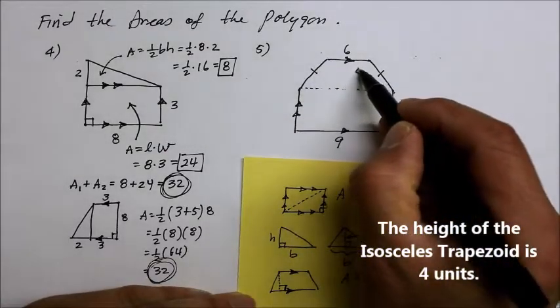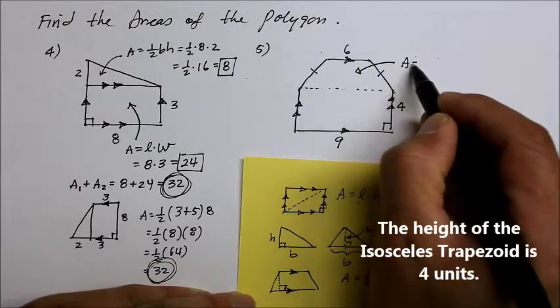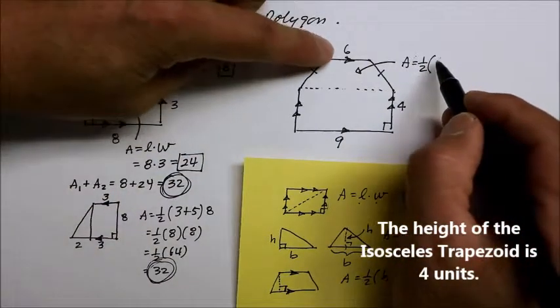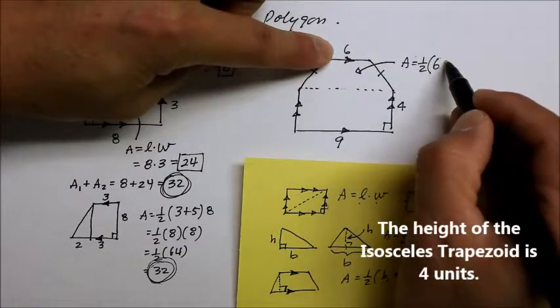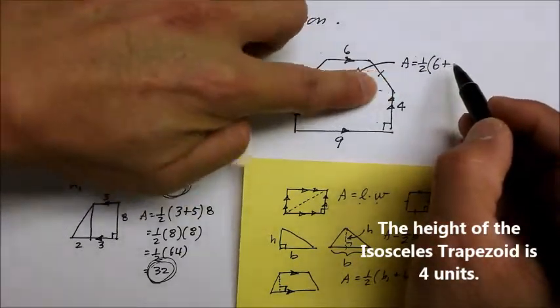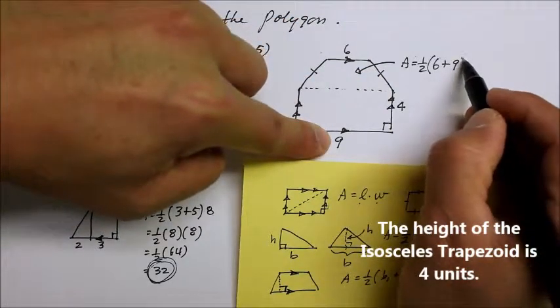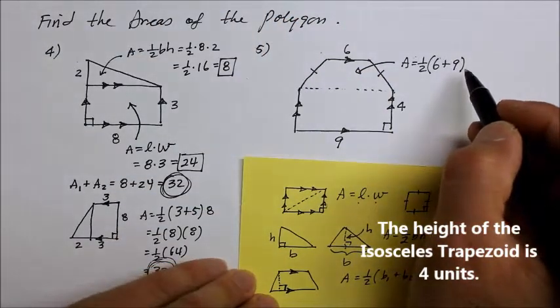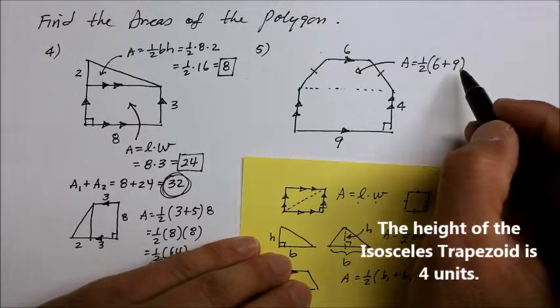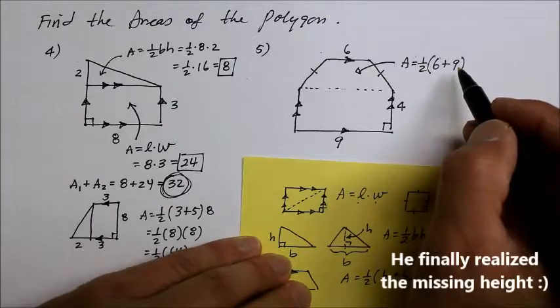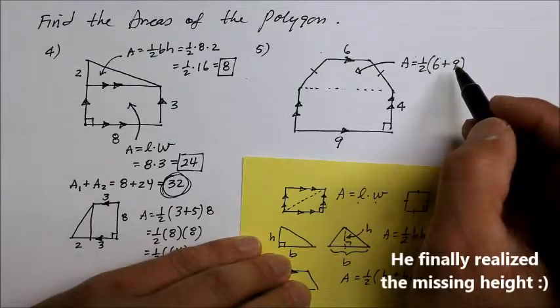So to find the area of that trapezoid, it is 1/2 times the sum of this base, 6, plus this base, which is the same as that, times, you know what I forgot?